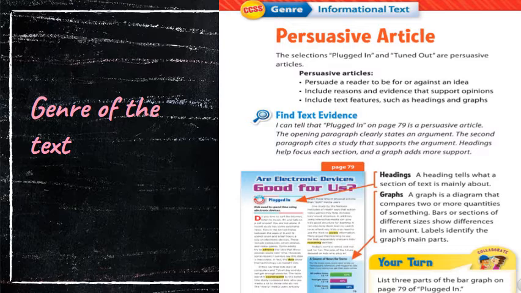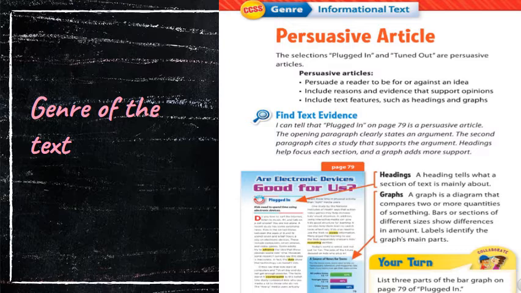Because the selections here, which are the two parts, Plugged In and Tuned Out, are persuasive articles because they try to persuade the reader to be for or against an idea. They want you to be with or against using electronic devices. So they are trying to convince you of a certain idea.